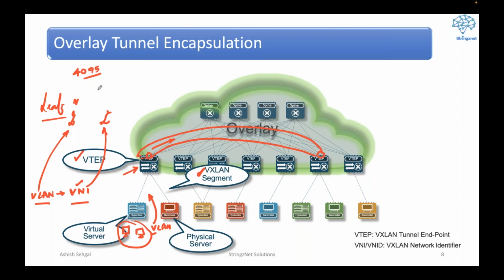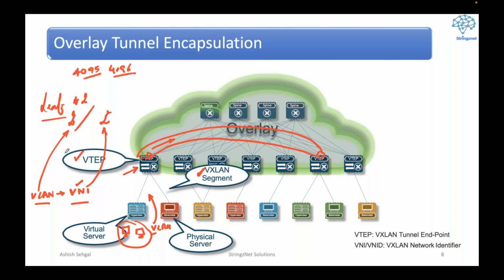So I would like to park this particular question. Okay, sure. But my question is, how many VLANs can we have? The answer is correct. It's 4096, which is the result of 2 raised to the power 12.